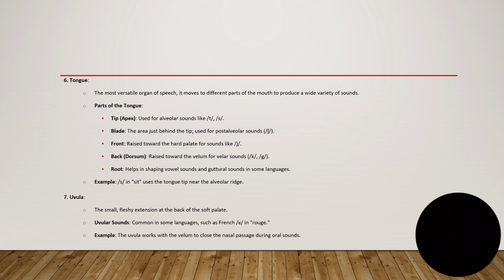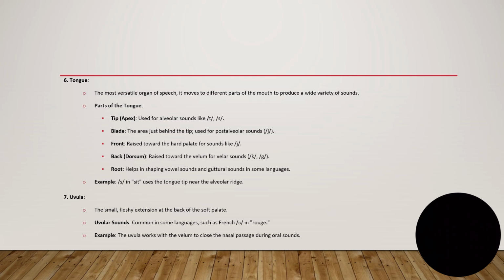Front, raised towards the hard palate for sounds like y. Back, or the dorsum, raised toward the velum for velar sounds, like we've mentioned earlier, like k and g. We have also the root, which helps in shaping vowel sounds and glottal sounds in some languages. Example, s in sit uses the tongue tip near the alveolar ridge.